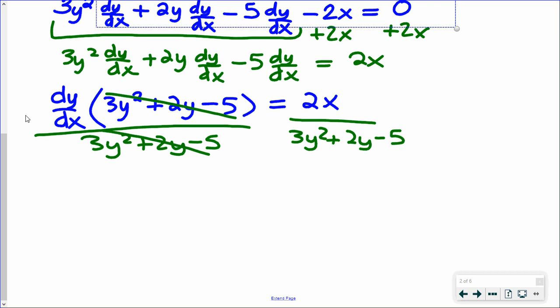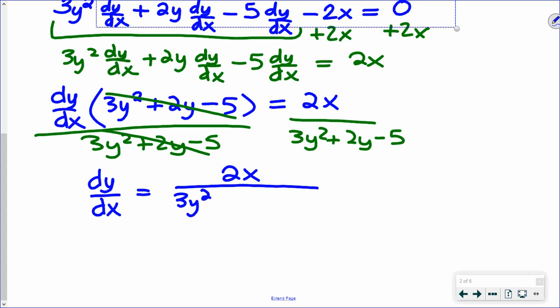And then we get our final answer, dy over dx equals 2x, all divided by 3y squared plus 2y minus 5. So the derivative is also going to be written implicitly, okay? Your x and y's are going to be mixed up.